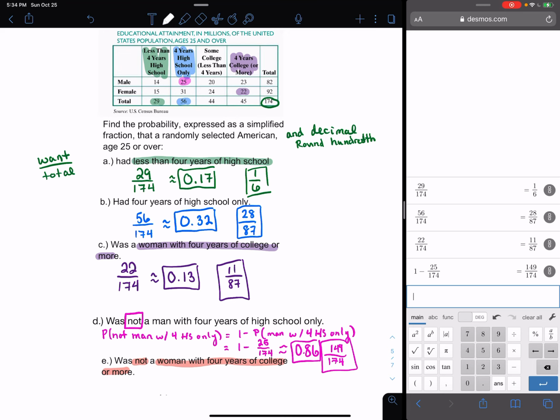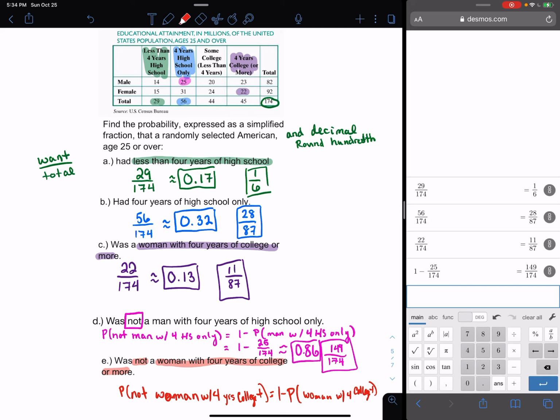So that probability that it's not a woman with 4 years of college or more is going to be 1 minus the probability that it is a woman with 4 years of college or more.